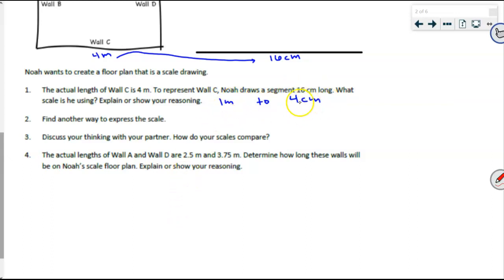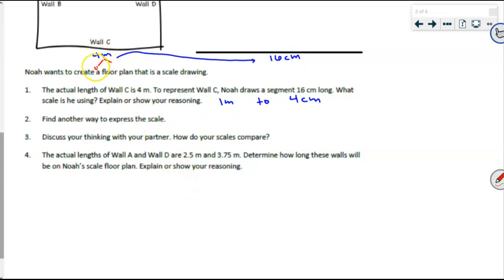Where did the 1 and 4 come from? Because I only see a 4 and 16. Where is that 1 and 4 coming from when the numbers here are 4 and 16? Tanner. Okay, very good. So you're recognizing that 4 and 16 each have a common factor, a number that can multiply to get to 4, and that same number that can multiply to get to 16, and that is 4.